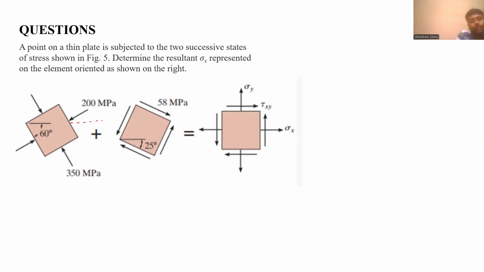This is your x and this is your x prime. And similarly, this is your x and this is your x prime. This is your x, this is your x prime.